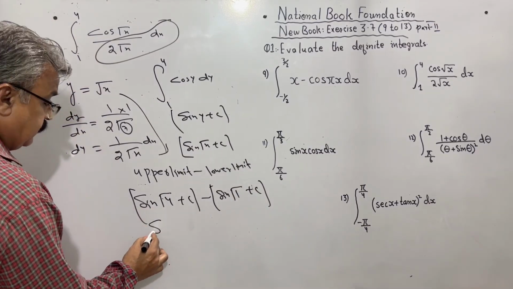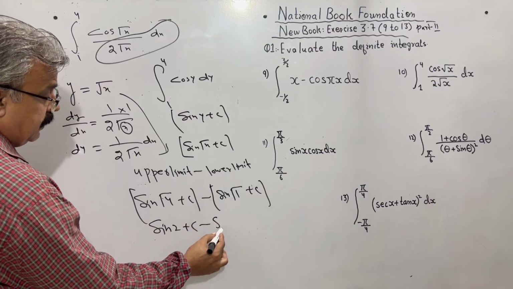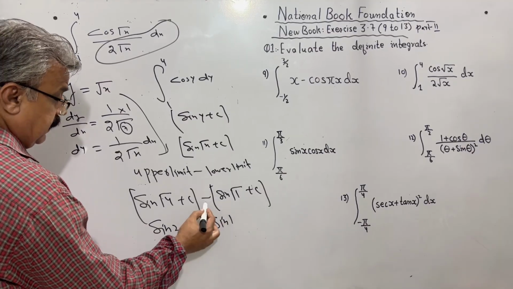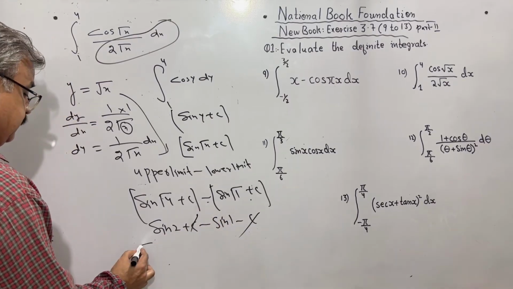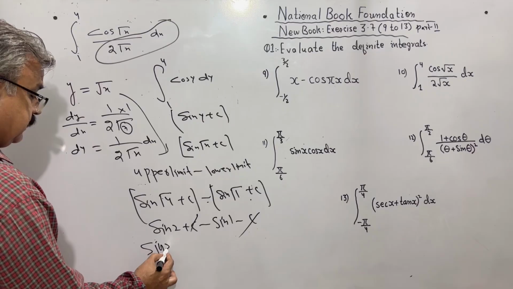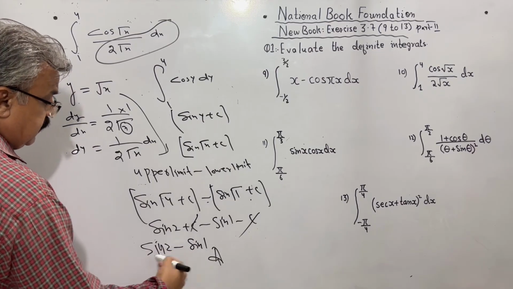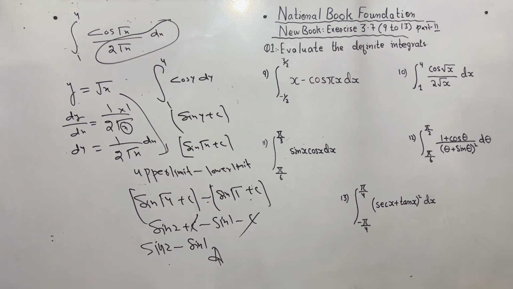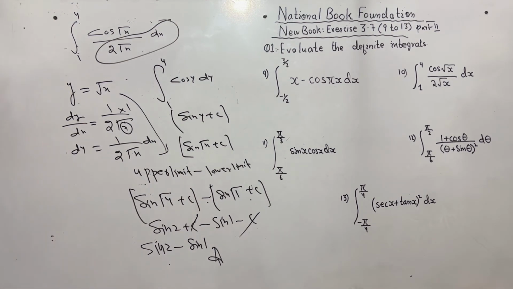The square root of 4 is 2, so it is sine 2 plus c minus, the root of 1 is 1, sine 1 plus c. Negative times positive is negative, c cancels out. We have sine 2 minus sine 1 as the final answer, or one can use a calculator to arrive at the values of sine 1 and sine 2.